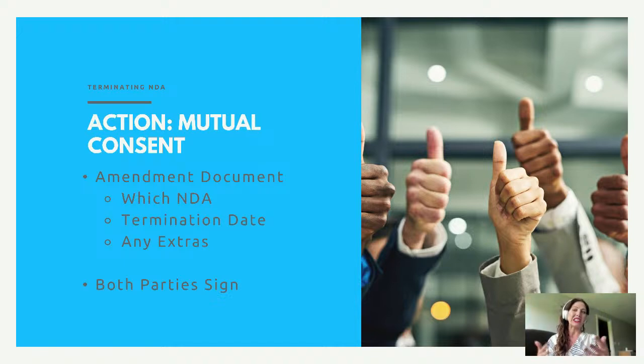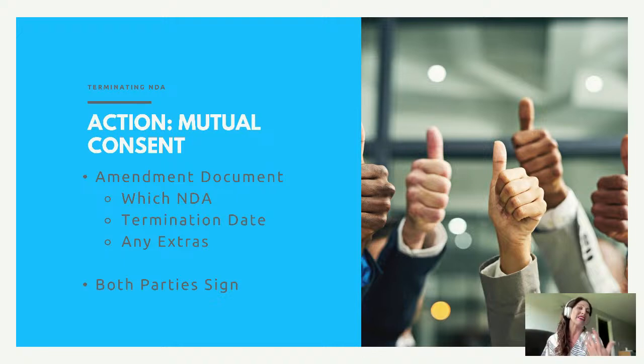What's great here is there's not going to be any contention, there's no concerns, because what you're going to do is create an amendment document, an amendment to that NDA, and the NDA is going to now be terminated on this date, whatever date you choose. And so you're going to call out in that amendment which NDA, just in case you have others with other people or even with this company or person. You're going to say, hey, we now agree that this is the new termination date. This is the date it's going to be over.